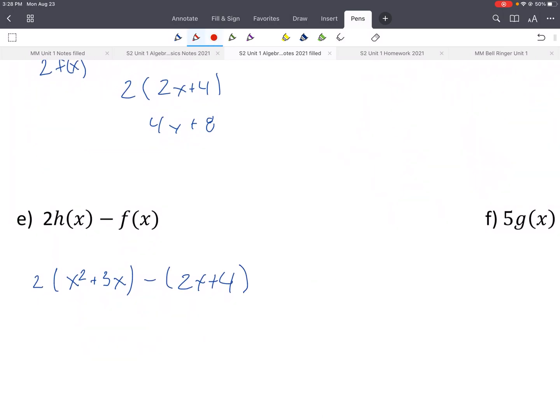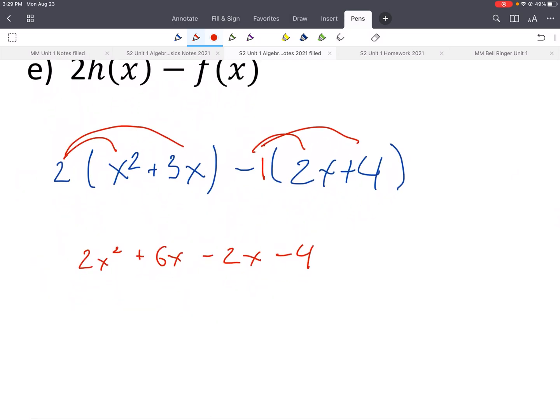All right, and then we're back to problems that we've done before. So we can distribute. We want to do our multiplication first. So 2x squared plus 6x. Again, this is like a -1 we can distribute. So negative 2x and a negative 4. And then we can combine like terms. So it looks like these are like terms.